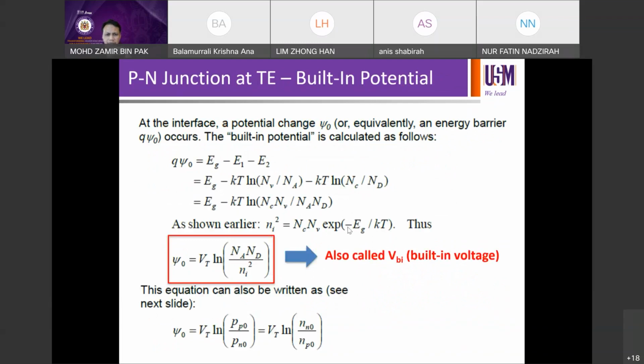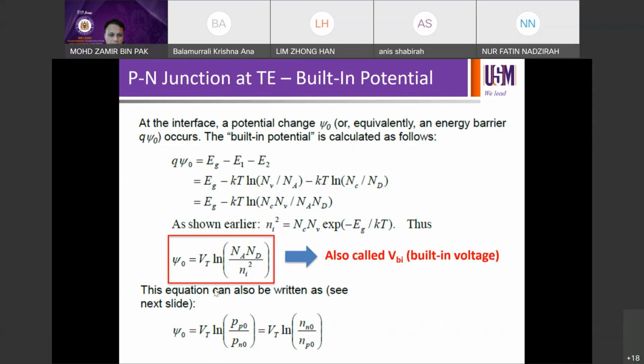And this can be simplified to come to this equation, which gives you VBI equals VT, the thermal voltage, 26 millivolt, ln of NA times ND over ni squared. So NA being the doping level for the p-type, ND the doping concentration for the n-type, and ni the intrinsic carrier concentration squared. And you can also write this equation as the equation below.